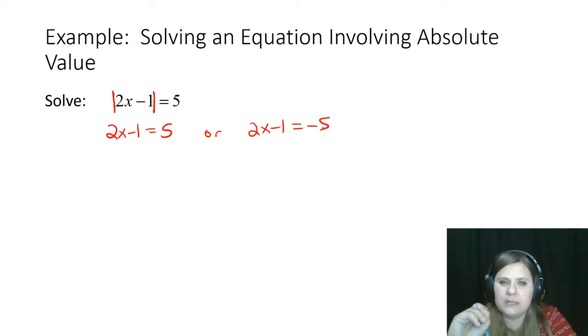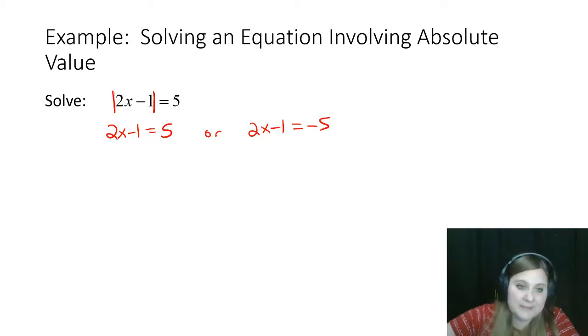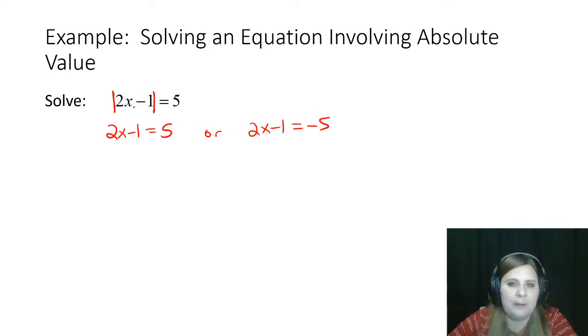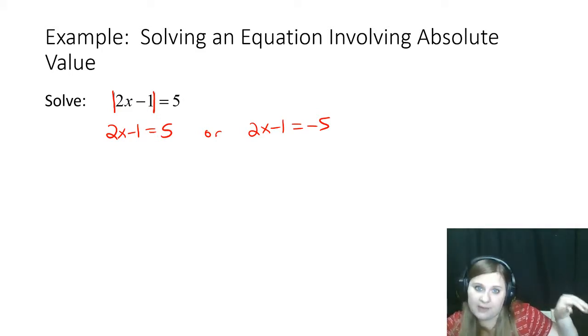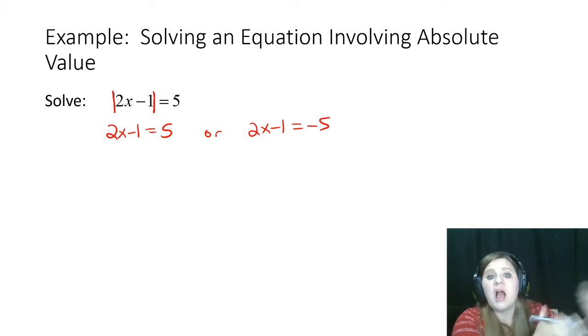I want to be really clear. The absolute value does not mean you can change the middle sign. I know a lot of people want to make it 2x plus 1, but this is not what it's saying. It's saying 2x minus 1 equals, the other side could be 5 or negative 5. So you're changing the sign of the other side.